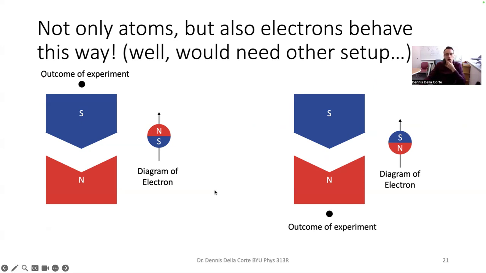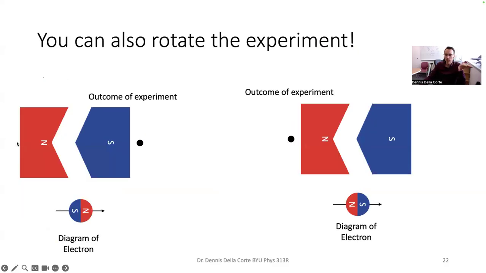Now you might ask yourself, well, this seems to make sense if I set up my permanent magnets from north to south, but what if I set them up from east to west? Or I just rotate the magnets? Well, what turns out is that you're going to measure spins, but they're going to be no longer up and down. Now they're going to be left and right. And so everything will be forced in the new directions of the magnetic field to either be on the right side or the left side of your permanent magnets.